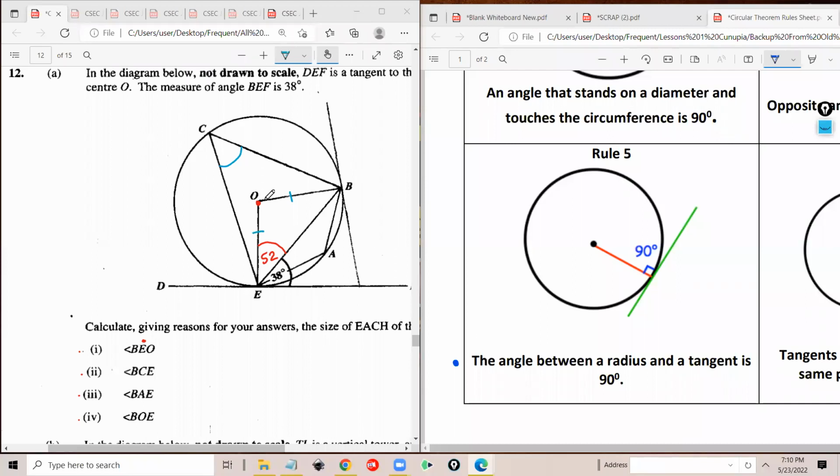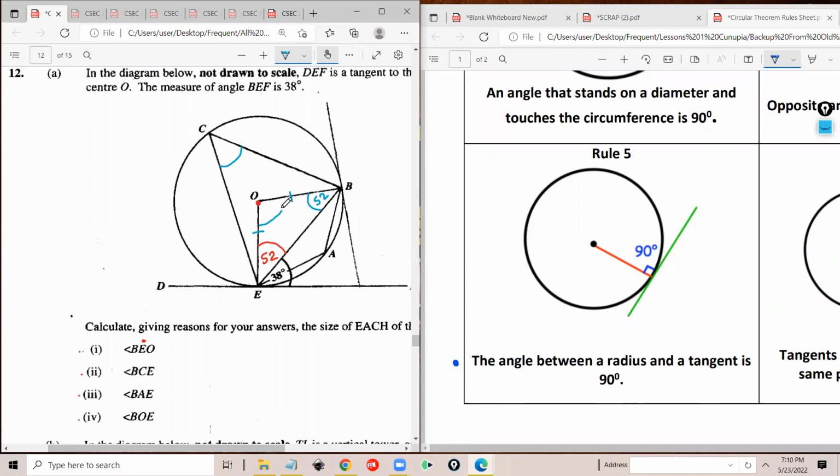So we want this blue angle here. Now there are two ways to get this. I'm going to do the long way first, and then we'll do the easy way because I didn't see the easy way first. So if this is truly an isosceles triangle, if here is 52, then over here would also be 52. All the angles in a triangle add up to how much? 180.